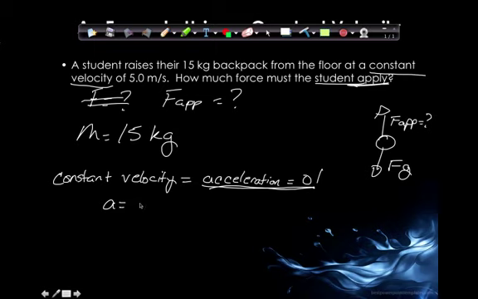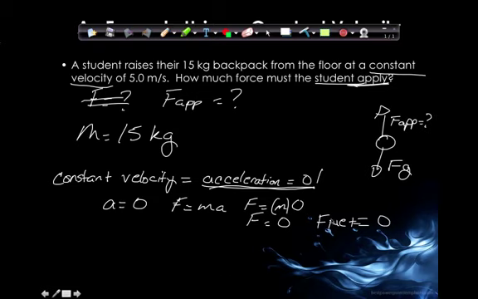So if a is equal to 0, and you know force is equal to mass times acceleration, so force is equal to whatever the mass is, doesn't really matter, times 0. Any number times 0 is going to give you 0. So really what this means is that the net force on this book bag is 0.